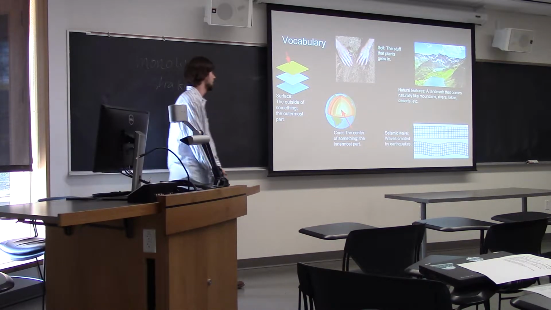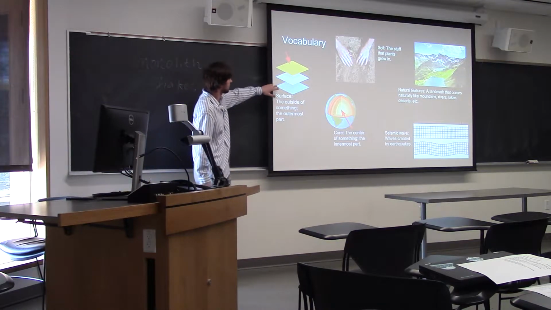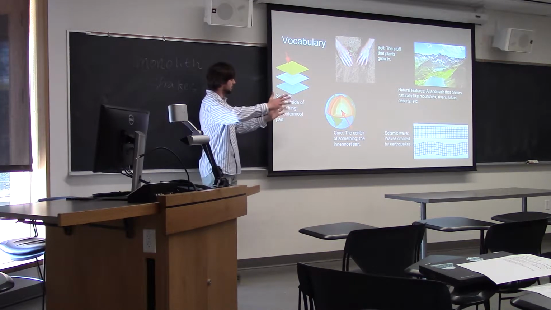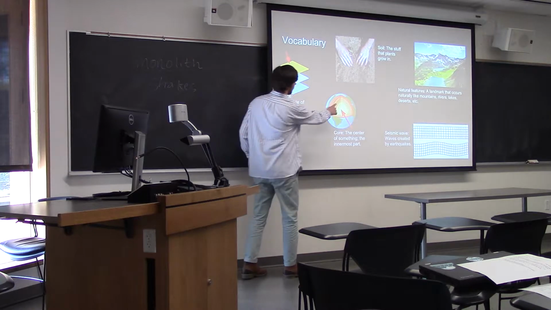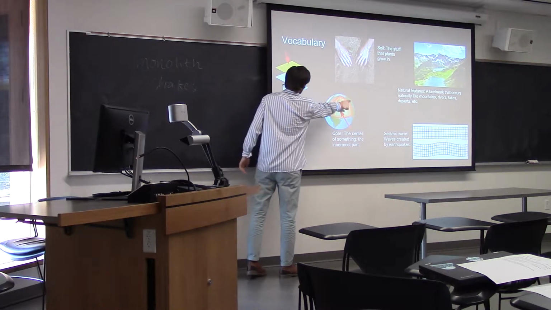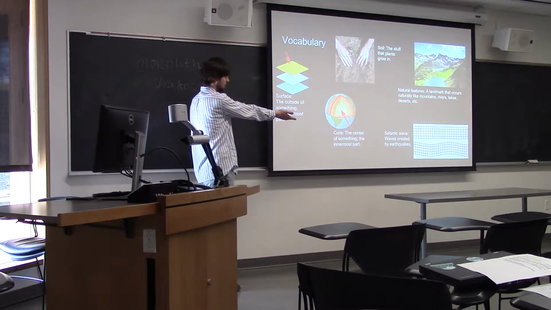Okay. Abby, can you talk about surface? The outside of something, the outermost part. Perfect. So does everyone see that this is the very top of something, or the very surface is what we call it. So on the earth here, you can see that this all surrounding, that's called the surface. And then, Emily, can you talk about the core?